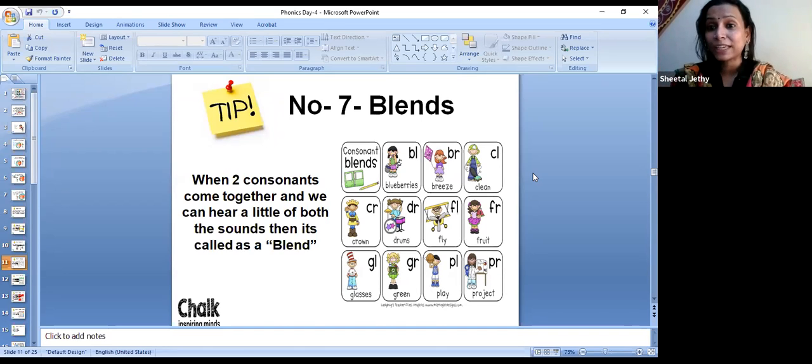So for BL, we have blue, black, bless. Similarly, for BR, we have brown, breeze, and a lot of words we can make with these kinds of blends. So always remember, two consonants coming together where you can hear both the sounds of the consonants, but a little. Hence, they are called blends. They blend together, but you can hear both the sounds.